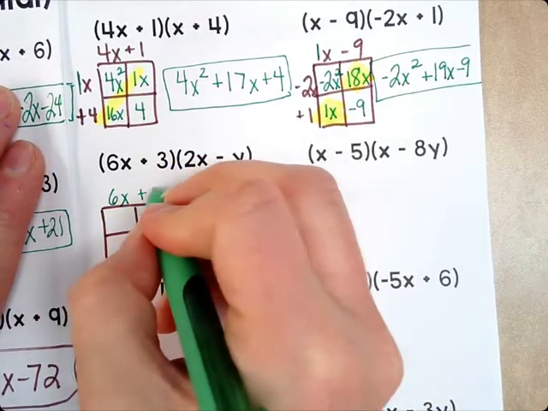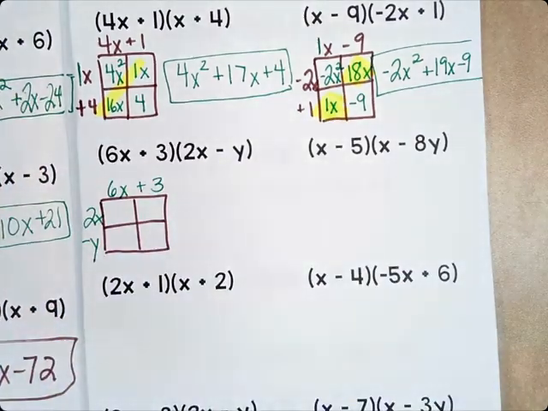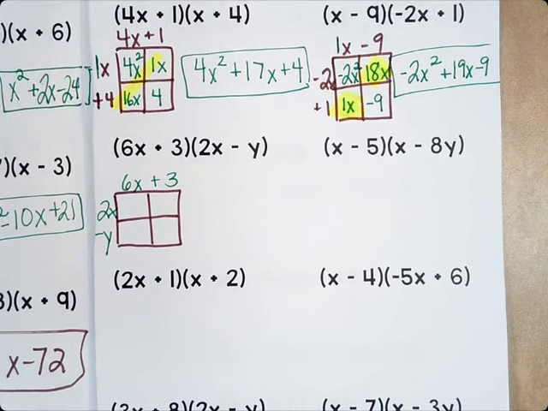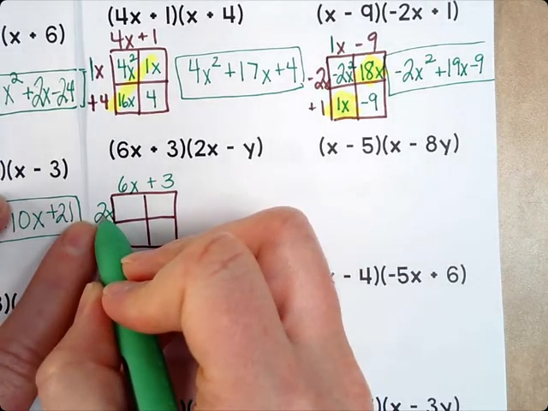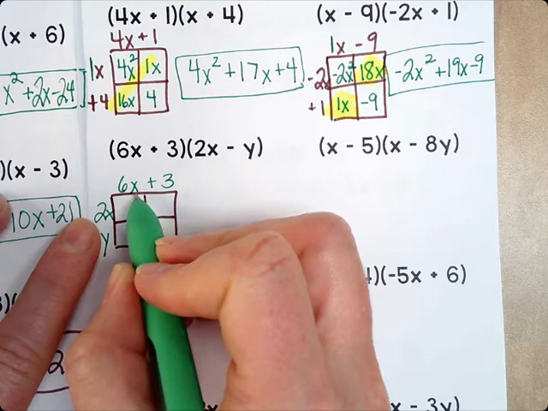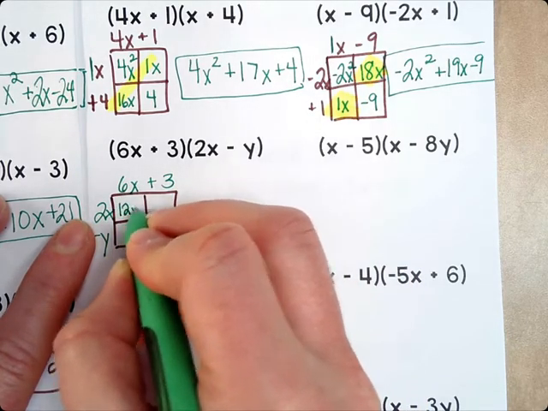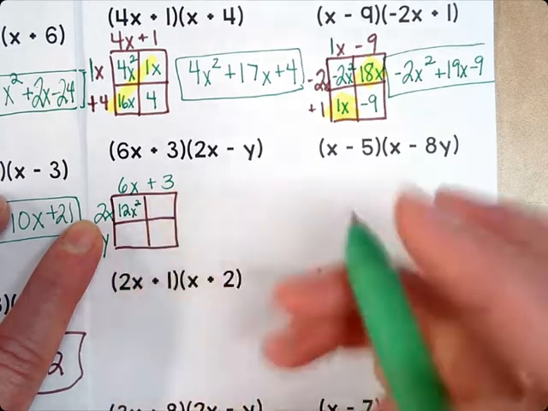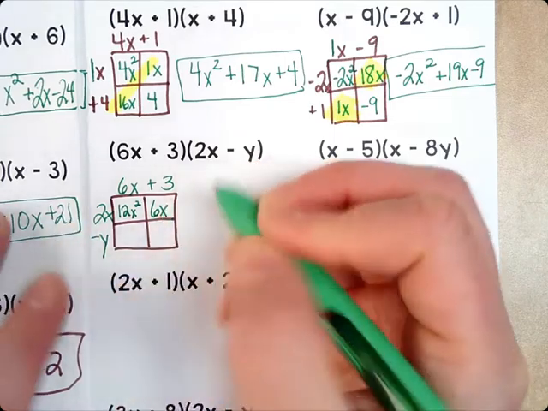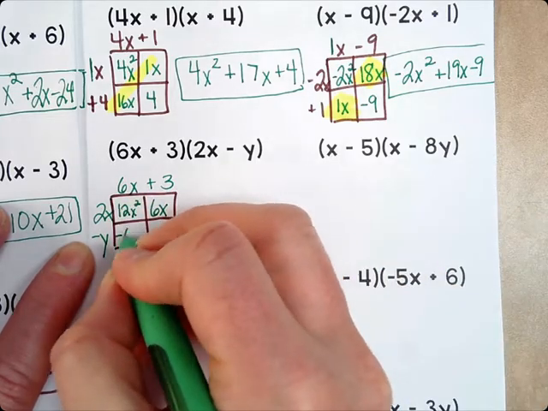6x plus 3, 2x minus y? That's new. I like that. All right, so we need to do 2x times 6x. 12x squared. 3 times 2x. 6x times a negative y. Negative 6xy.